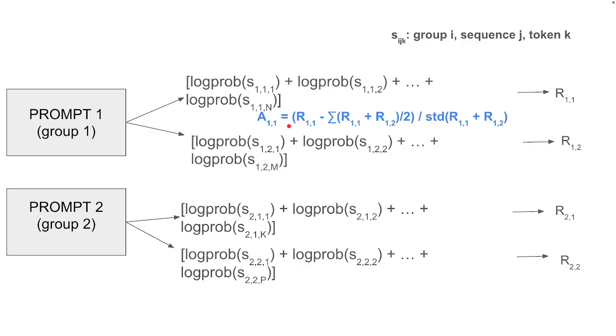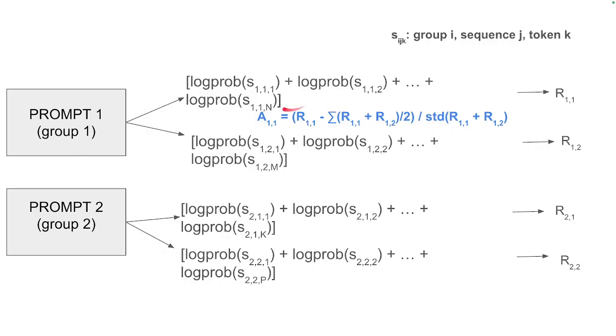Now, as discussed in REINFORCE, the advantage of completion 1, which is the first completion of group 1, is basically its reward minus the mean of the rewards for that group, divided by the standard deviation of the rewards.